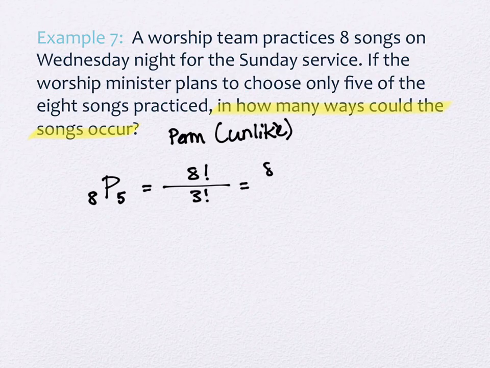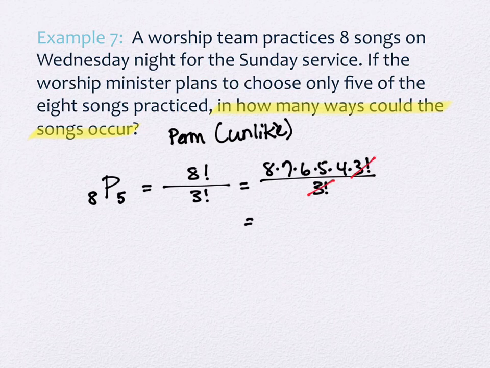So I'm going to write my 8 times 7 times 6 times 5 times 4 times 3 factorial out with the 3 factorial on bottom. These cancel. And then I would actually multiply those remaining digits: 8, 7, 6, 5, 4. So 6,720 ways that I could set this worship set up with those conditions.